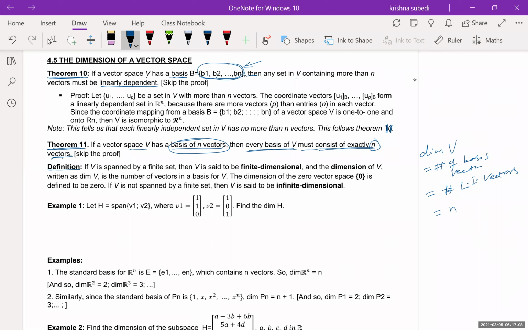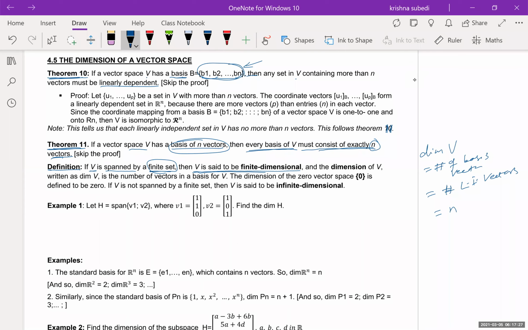If V is spanned by a finite set, then V is said to be finite dimensional. Okay, V is a space. Remember, V is a vector space. Think of this as a container which is generated by a finite set.